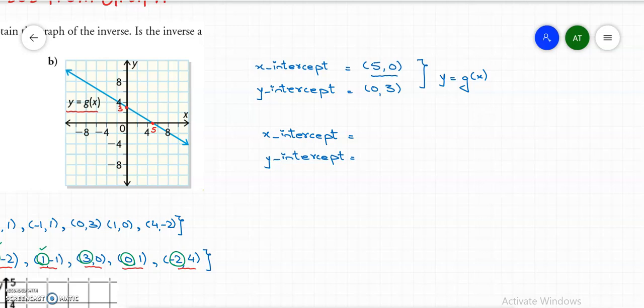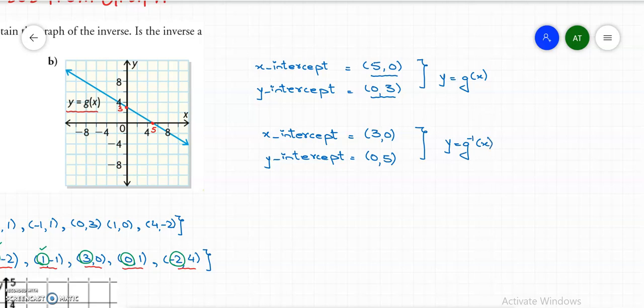When you switch it, it becomes (0, 5), so it becomes your y-intercept. And the y-intercept is (0, 3). When you switch it, it becomes (3, 0), so that becomes your x-intercept. These are the x and y intercepts of the graph of the inverse function, g inverse of x.